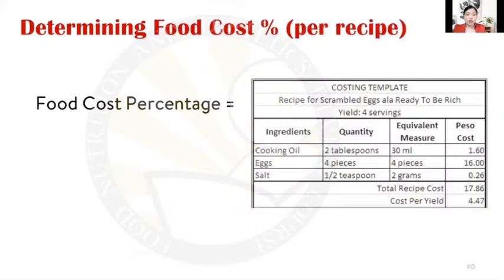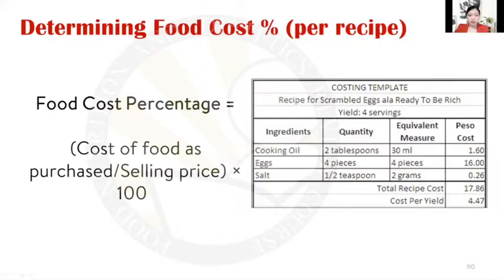Now, how do we determine the food cost of our menu item, or as per recipe? Food cost percentage is equivalent to the cost of food as purchased divided by the selling price times 100. So how do we identify the cost of food?